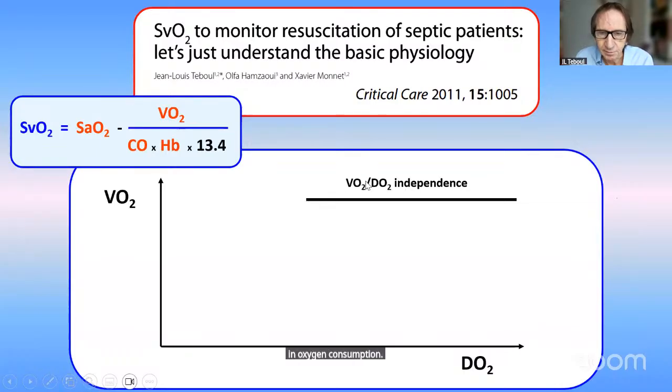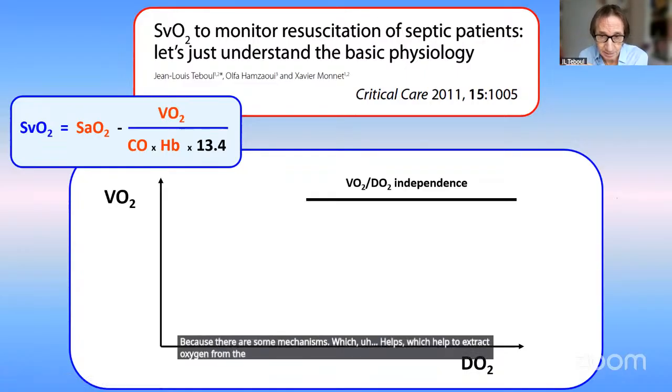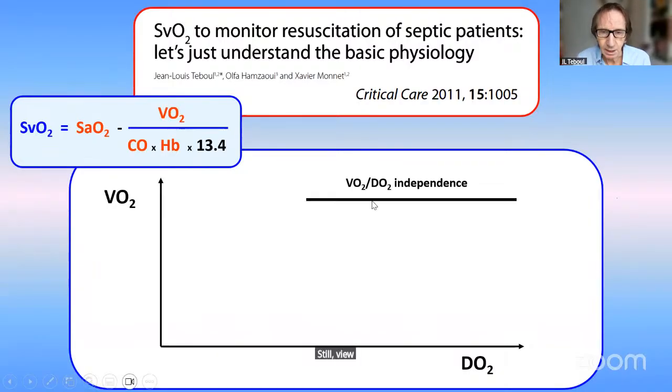This is the VO2-DO2 independence, because there are mechanisms which help to extract oxygen from the tissues. Even if you decrease the oxygen delivery, VO2 is still okay and in adequacy with oxygen needs.